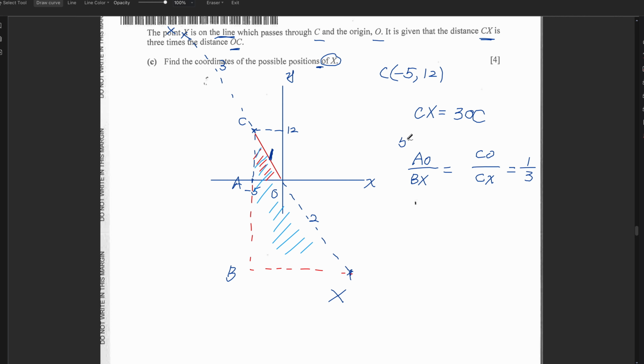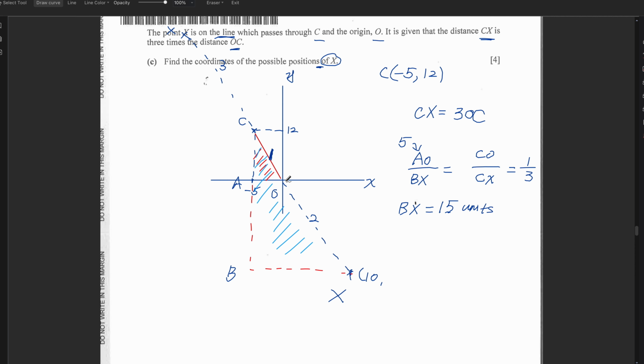So my AO is 5, which means my BX needs to be 15 units. If my BX is 15 units from −5, plus 15 units to the right, you will have 10. So your x coordinate here is going to be 10.